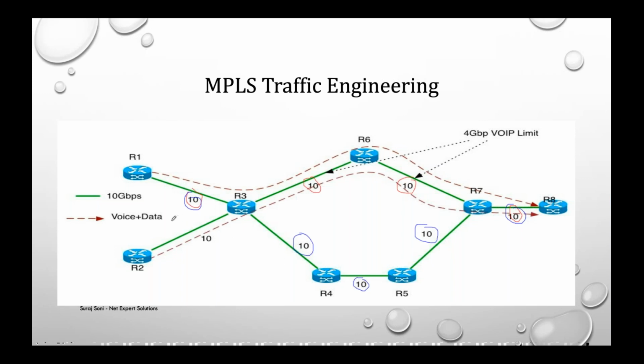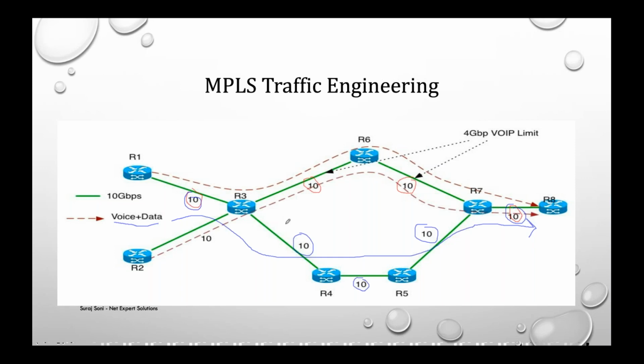So the cost via this path is 50, and the cost via the other path is 40. So IGP will prefer that.